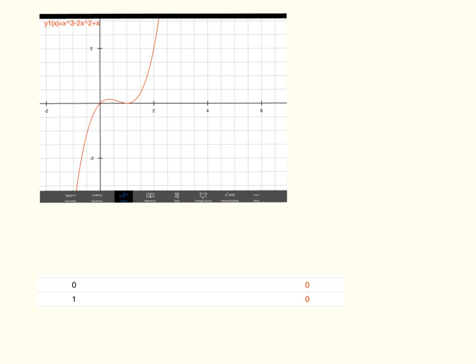This equation is y is equal to x cubed minus 2x squared plus x, and I've already graphed it for you. It's touching the x-axis in two places, here at x equals 1 and here at x equals 0.